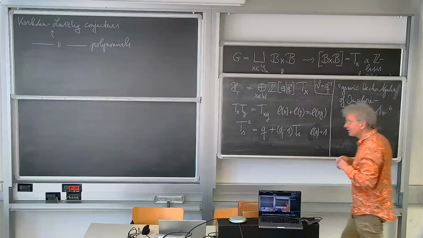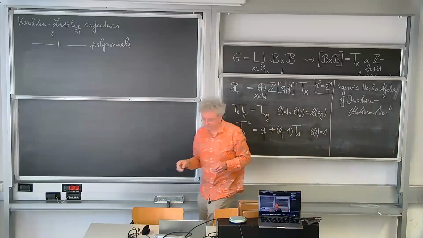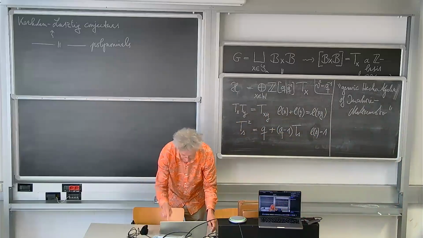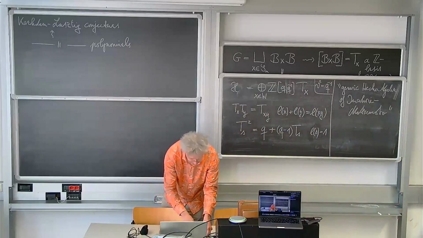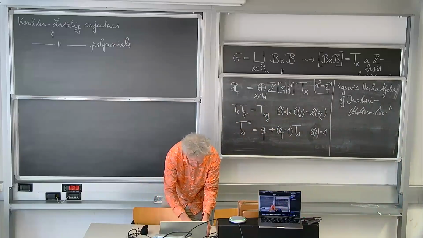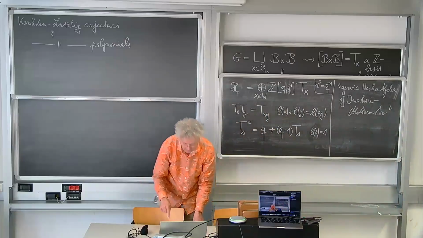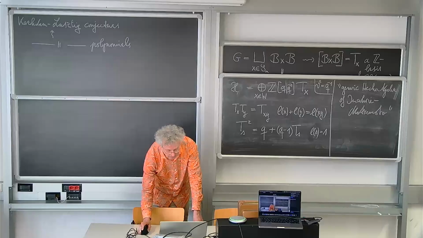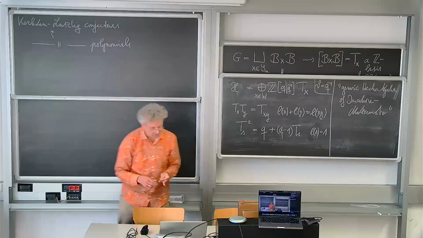Now let's see. Oh damn, if I do something wrong with the parameters, it will take me time to correct it, so I better wait for my computer. Yeah, here we go.